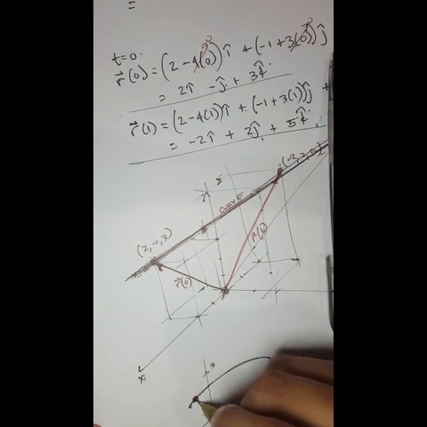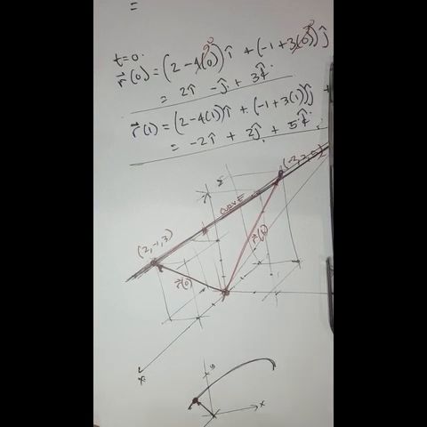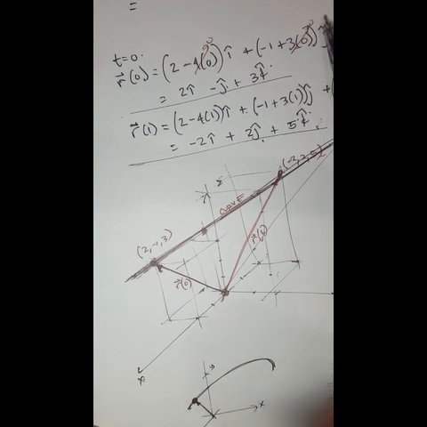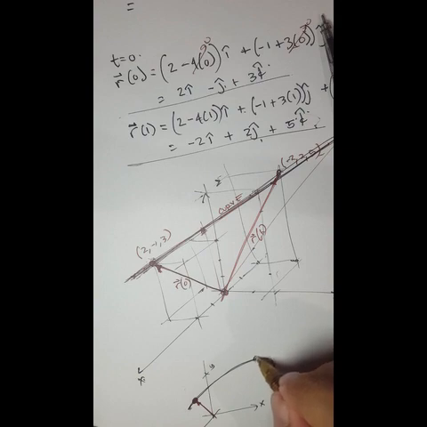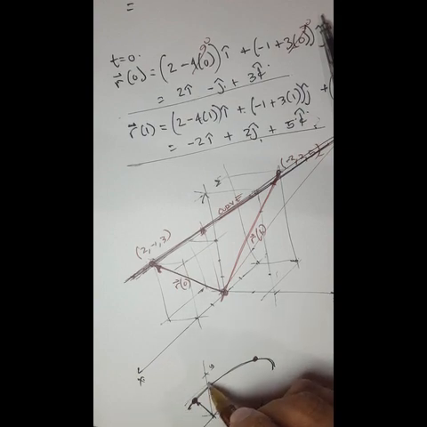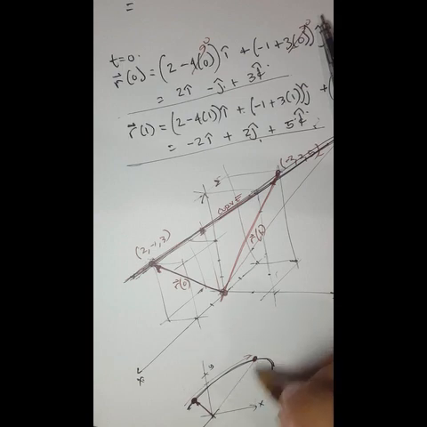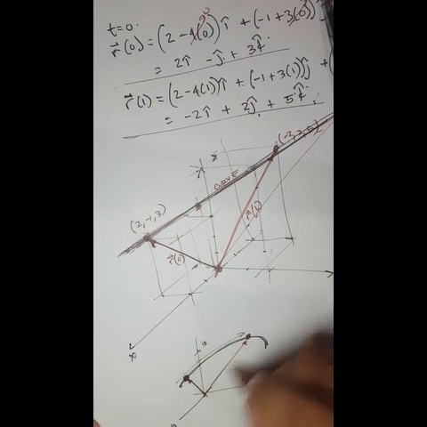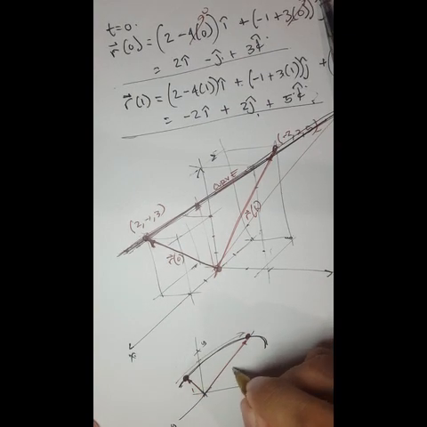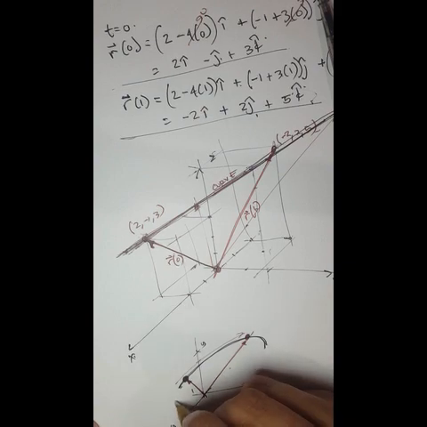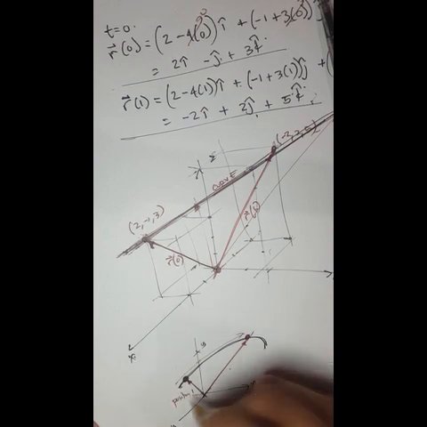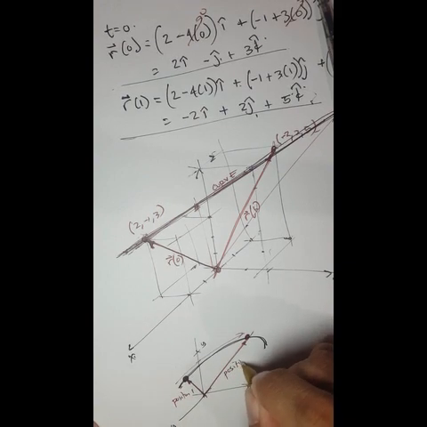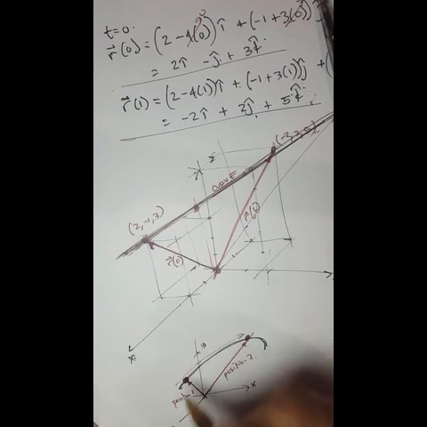So this, for example, is its position at time equal to 0, and then as it moves from this point to this point, it will have a different position. So let's say we call this position 1, and then this one is position 2.